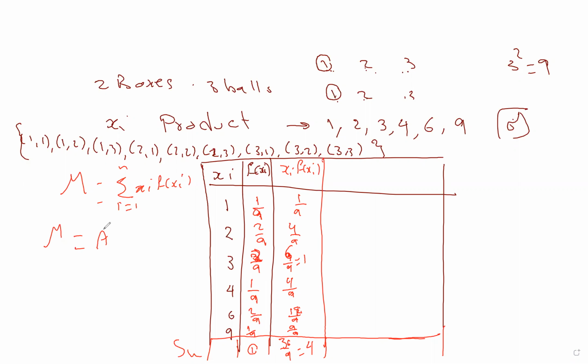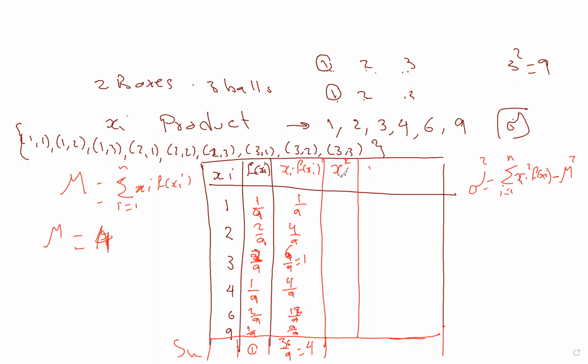Then mu is 4, which is the sum of xi times f of xi. Okay? And we need the variance. You know the variance sigma squared equals the sum from i equals 1 to n of xi squared f of xi minus mu squared.